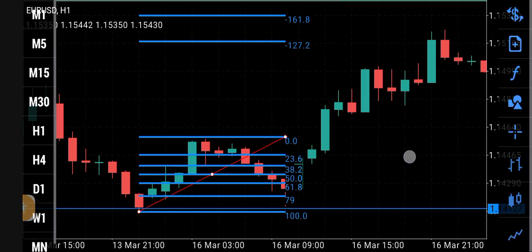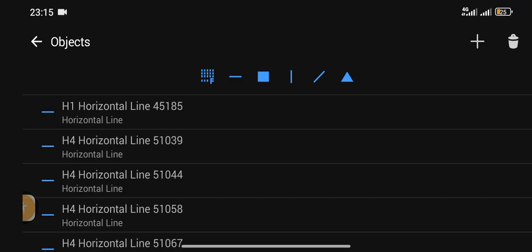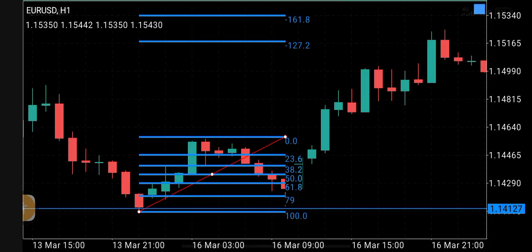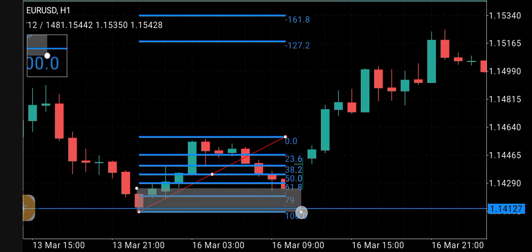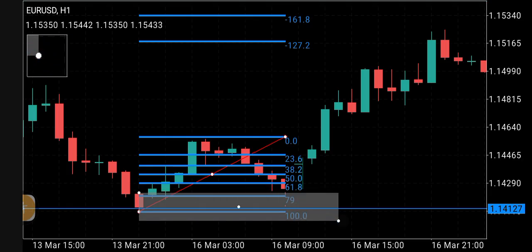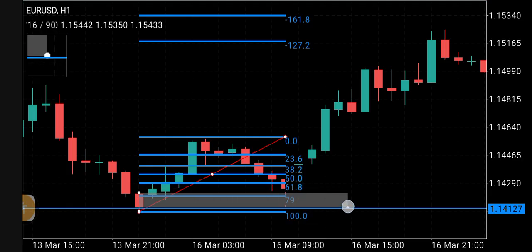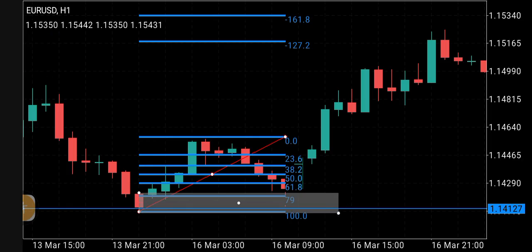And remember, if we mark out our base candle, which is the last red candle before the green candles that indicated bullish pressure.